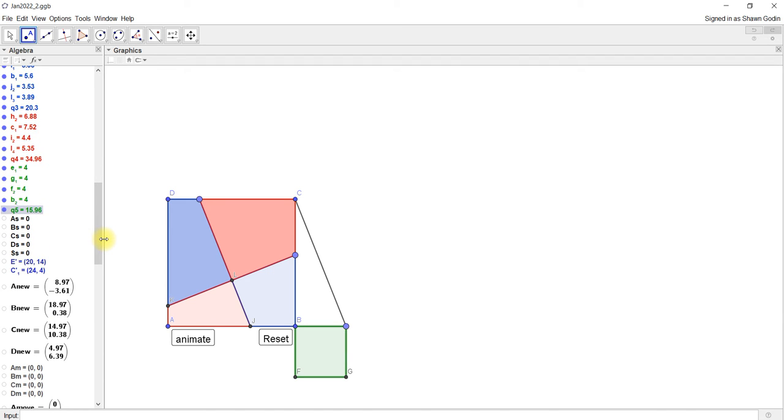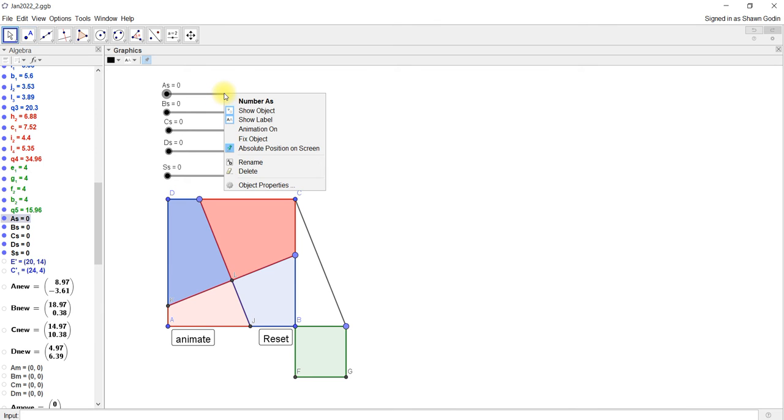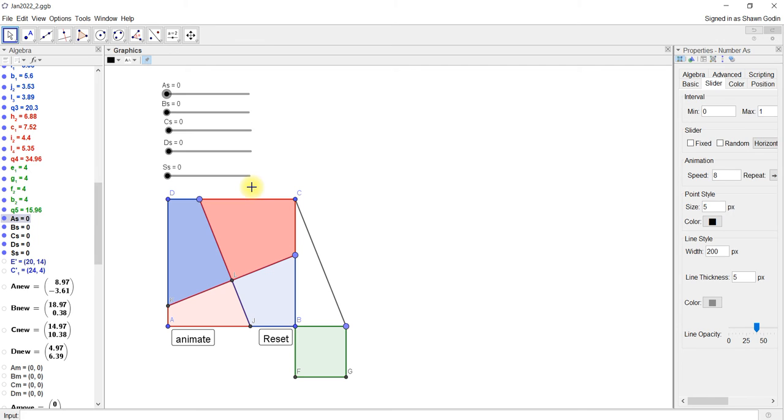In order to have these things animate and go over, I created a series of sliders using the slider tool. Once I had the sliders, I went to its properties and set it up so that it goes from 0 to 1. I also did some scripting, which I'll get to later on.